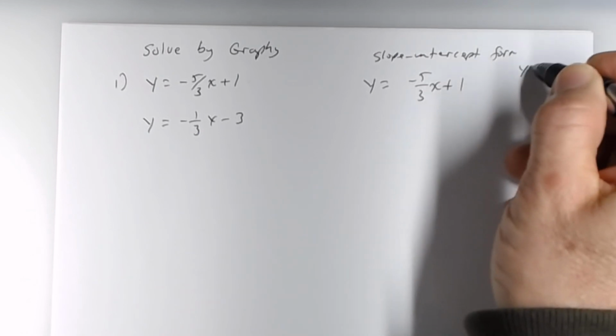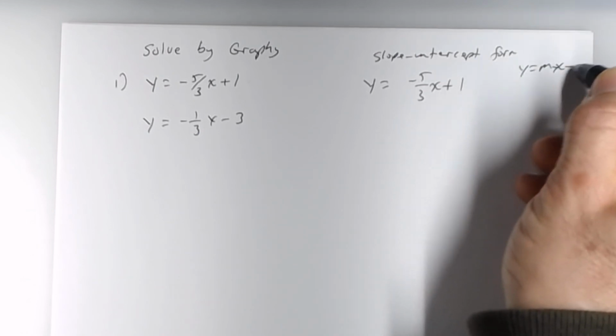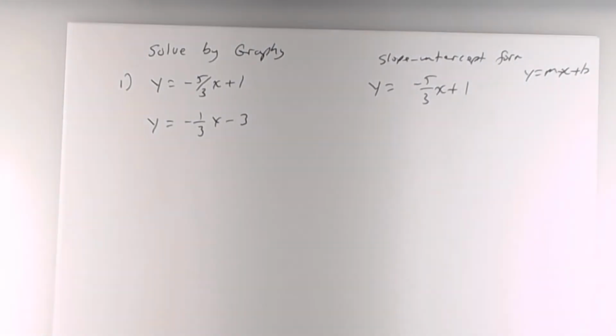So remember, y equals mx plus b. Whenever it's in slope-intercept form, to graph the line, you can use the slope of that line and the intercept of that line. Because to graph the line, how many points do you need? Two. You need 2 points to graph the line, and you can easily get those 2 points from that information.